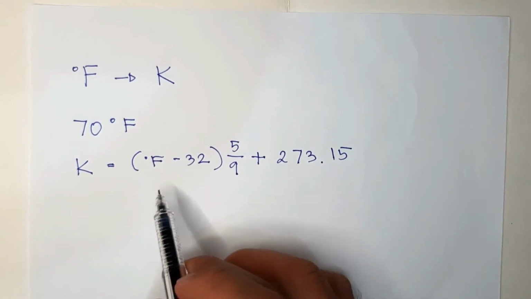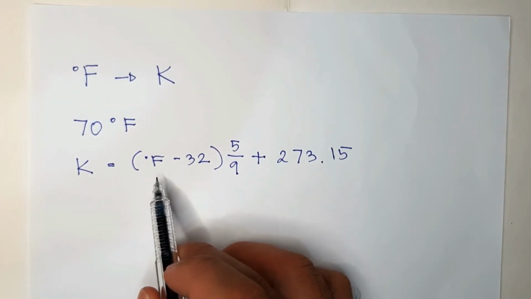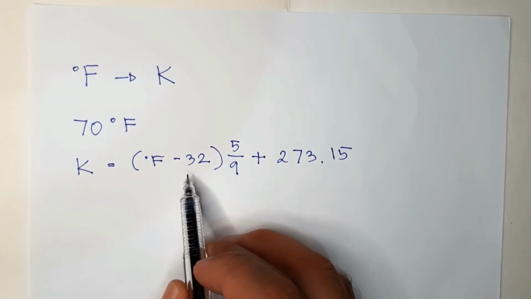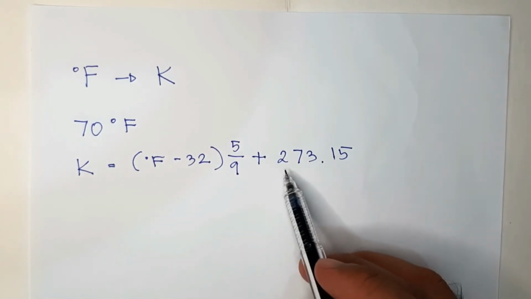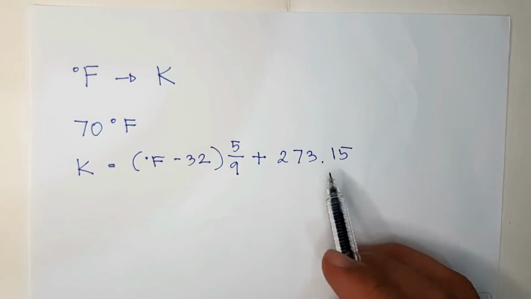Kelvin is equal to the quantity of degrees Fahrenheit minus 32 times 5 over 9 plus 273.15.